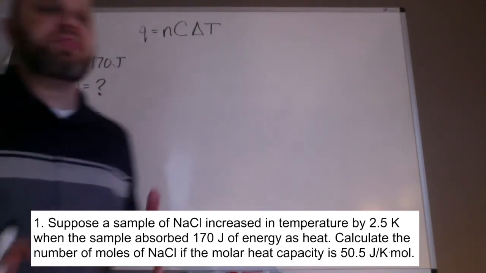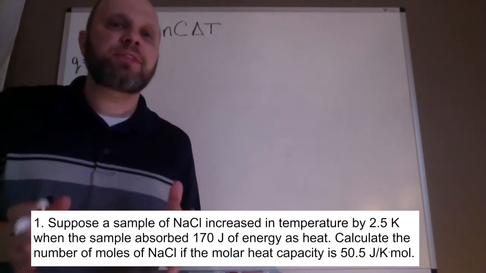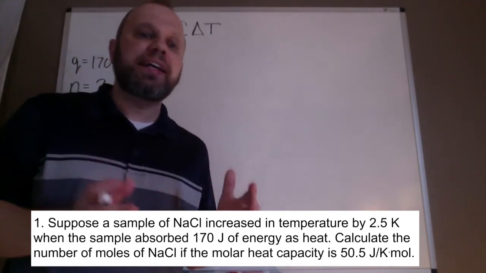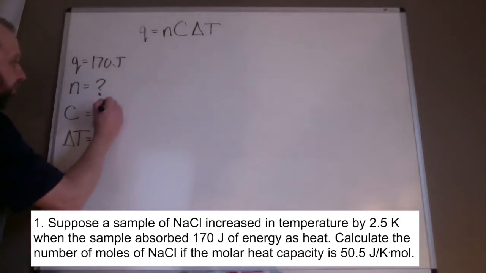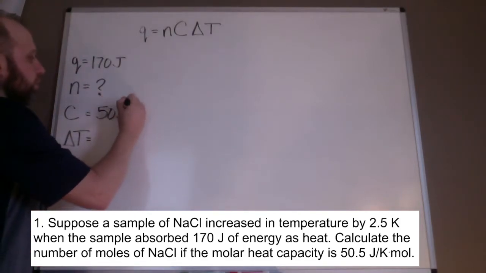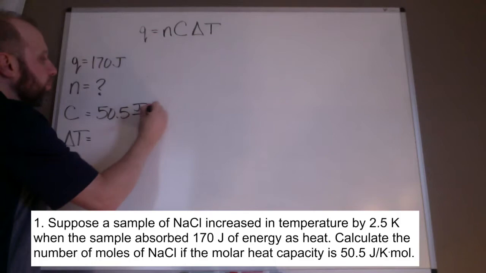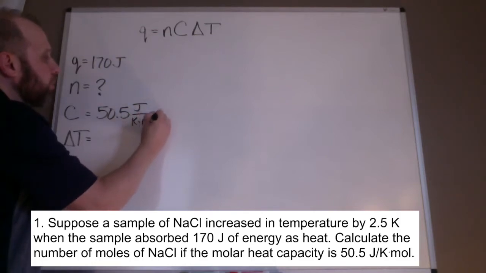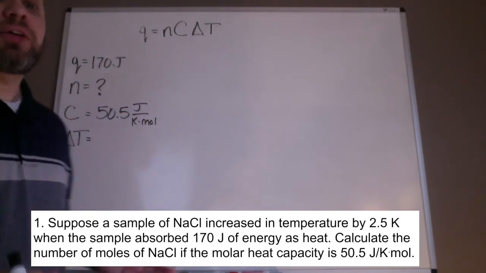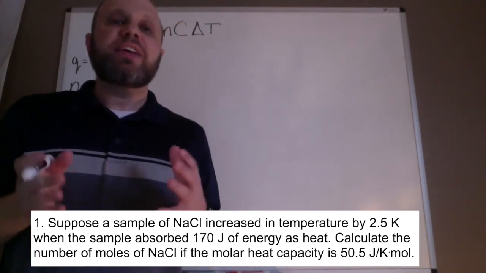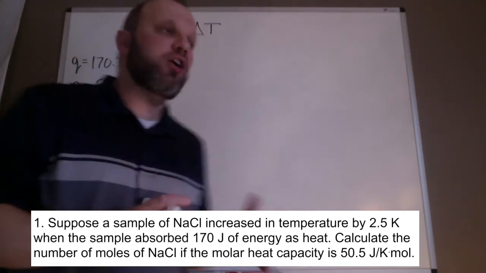They tell us that the molar heat capacity constant for sodium chloride is 50.5 joules per Kelvin mole. And finally, they tell us that our change in temperature is just 2.5 Kelvin.